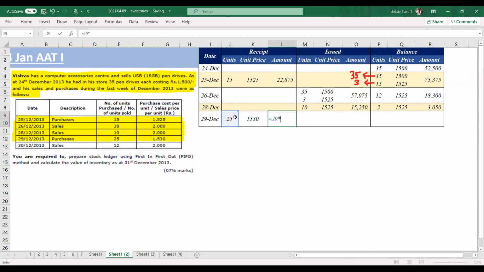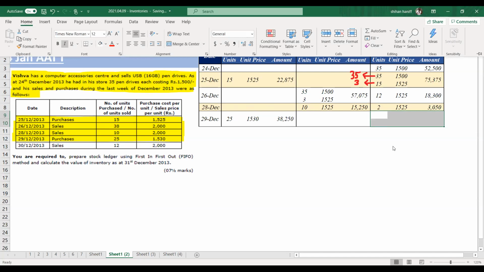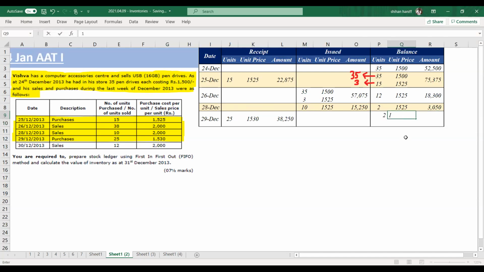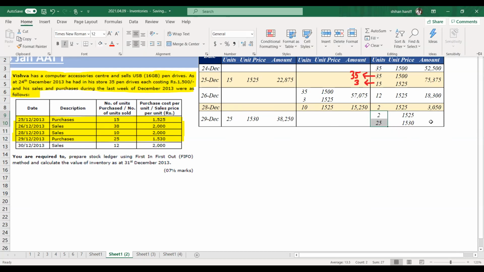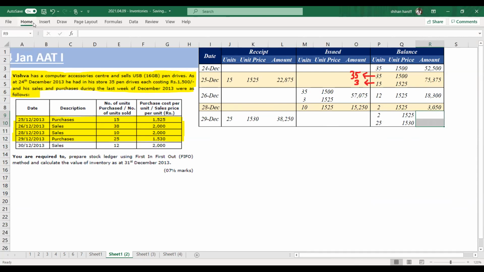Amount is 25 into 1530. So the stocks are 2 units at 1525 and 25 units at 1530. The value will be 3,050 plus 38,250. Total 41,300.